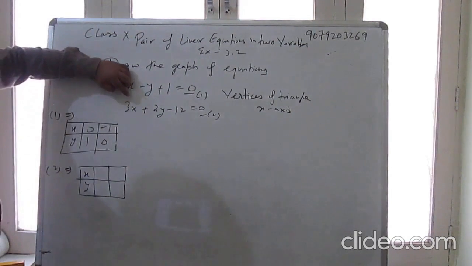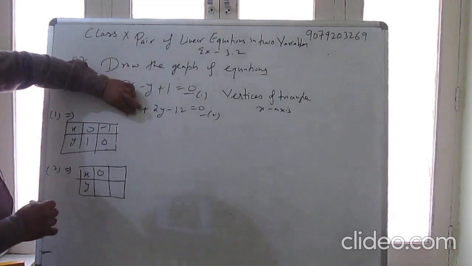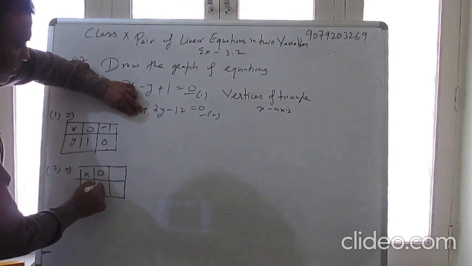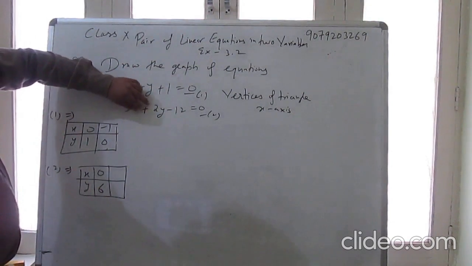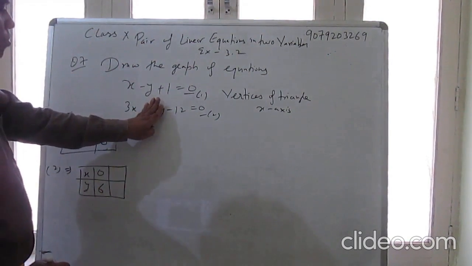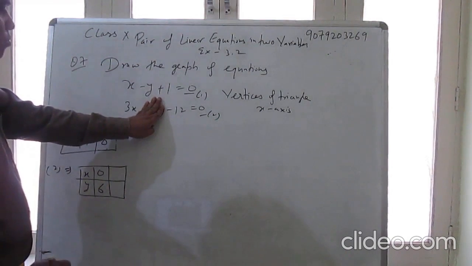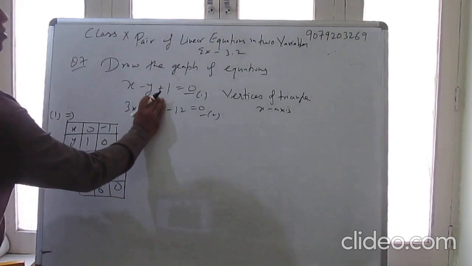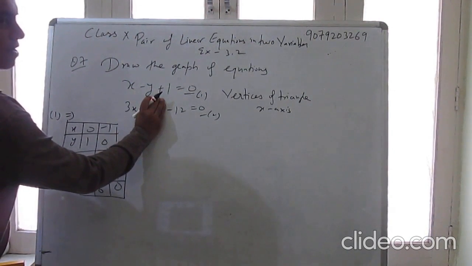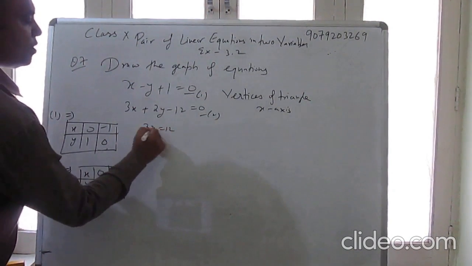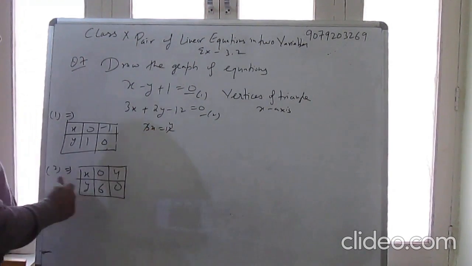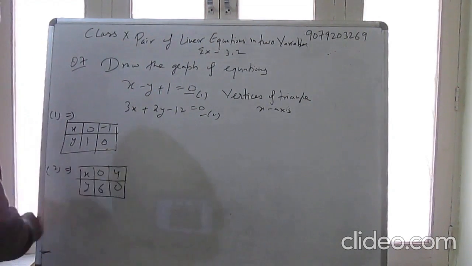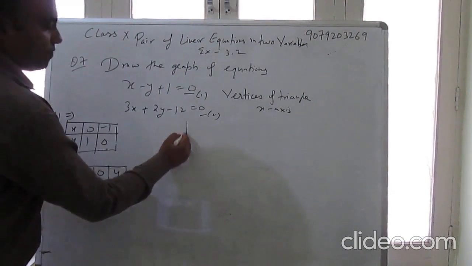If I take x as 0, y becomes 6. If I take y as 0, 3x is equal to 12, so x is equal to 4. So plot these points in the graph.